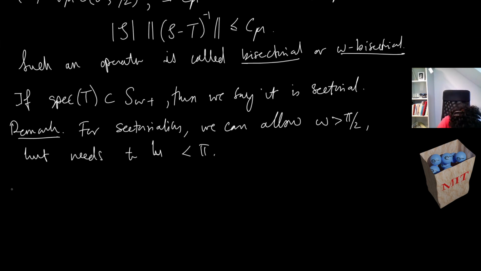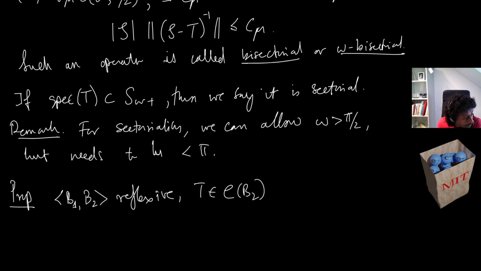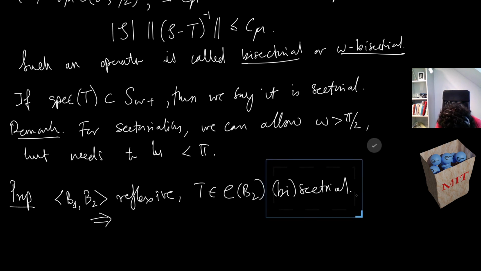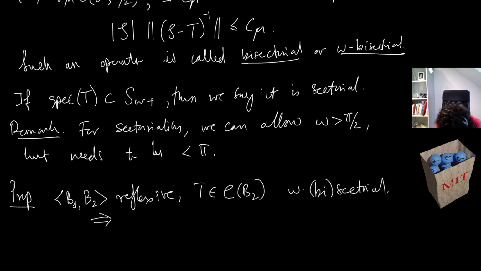An important thing to outline is that if B1, B2 are a reflexive pair, then when T is bisectorial or sectorial, then, and the quantification is important, T star is also omega bisectorial.